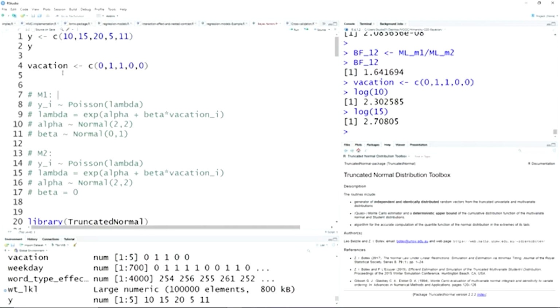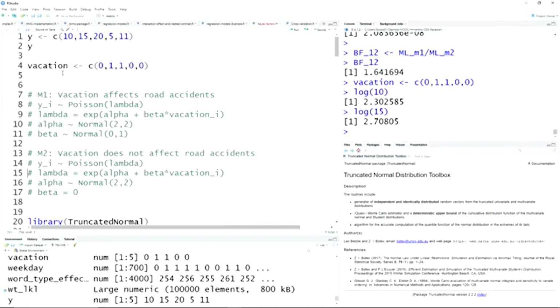Model 1 is implementing the hypothesis that vacation affects road accidents, that vacation affects the number of road accidents. Model 2 is assuming that vacation does not affect road accidents.